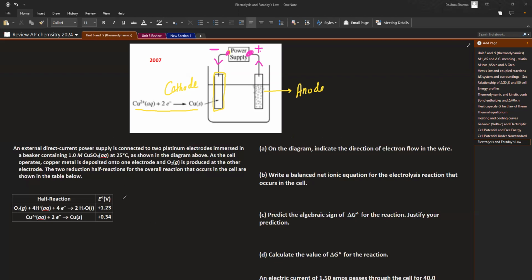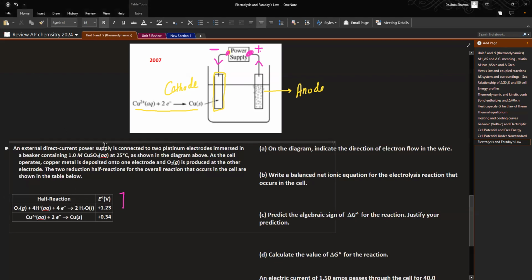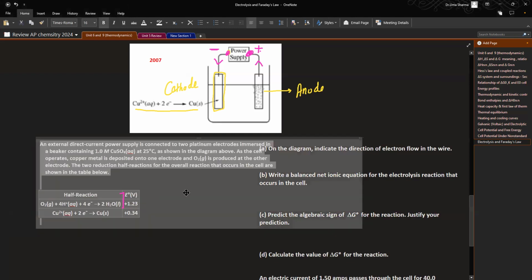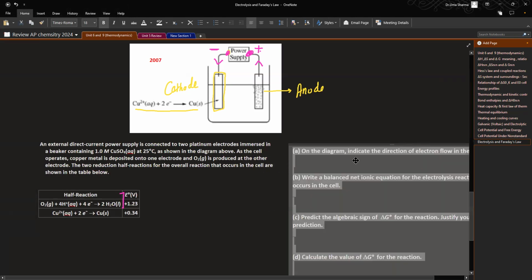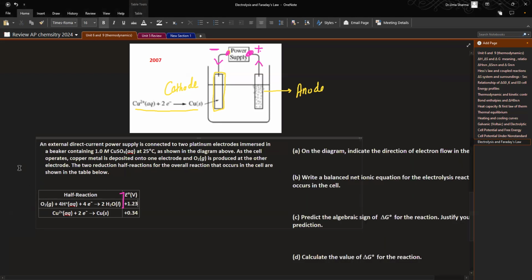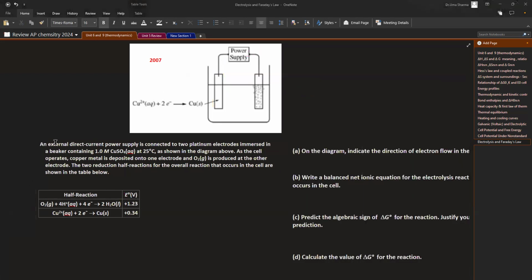Now, this is the reaction which is happening over there. You can see this table. So we have identified cathode, anode, minus, plus, electrons flowing like this.